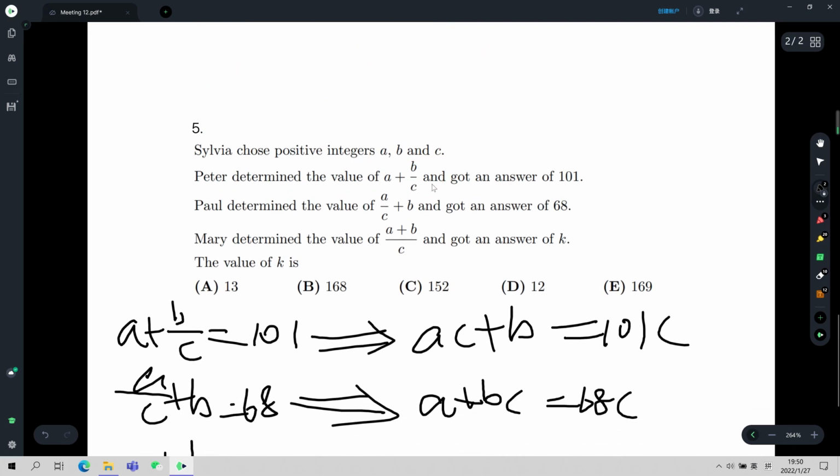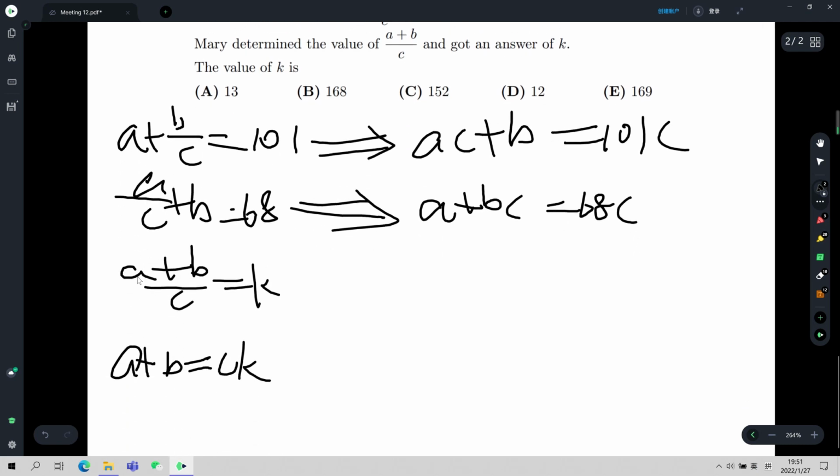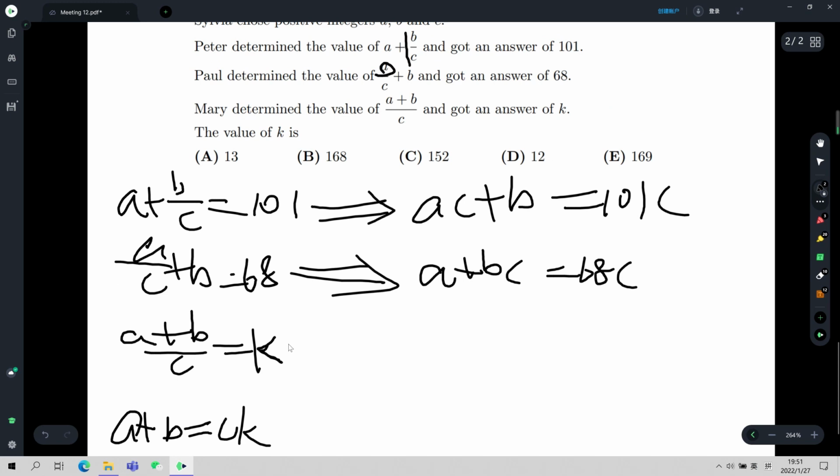Also, we can know that from these 2 equations, because a, b, and c are all integers, b over c is also an integer, because this equation gets an answer of 101. So b and a are multiples of c. So a plus b over c, which is k, is also an integer, and it will be greater than 1.